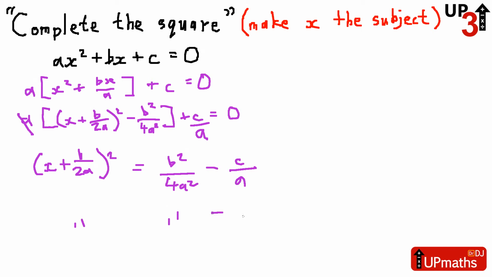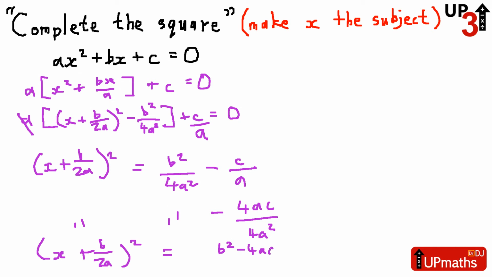I'm then going to make this into 4ac divided by 4a squared. I did that so that I have it as the same thing underneath. So now I can write x plus b over 2a squared equals b squared minus 4ac divided by 4a squared. So I've combined those fractions, and I just carry on up here.